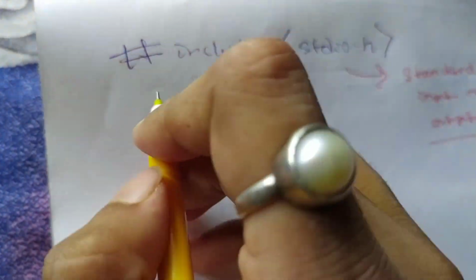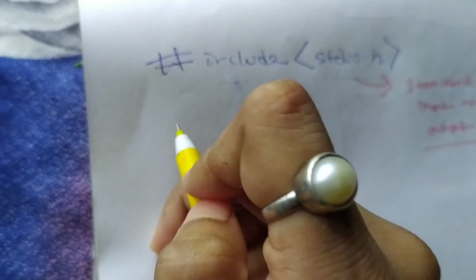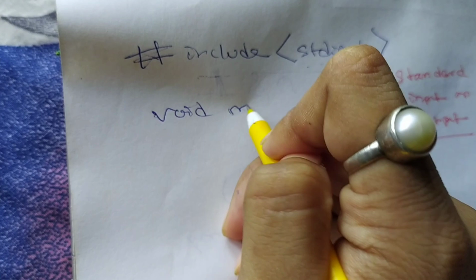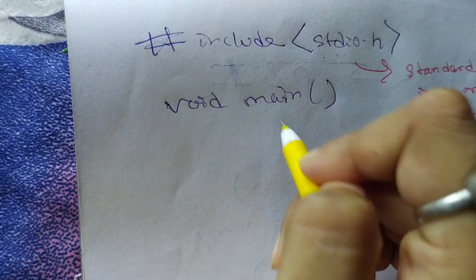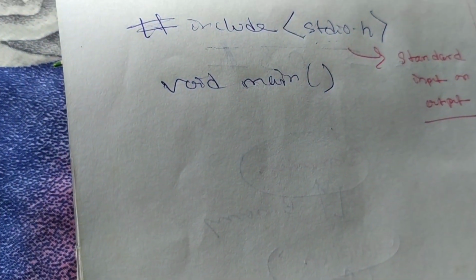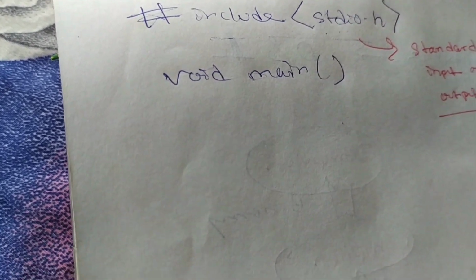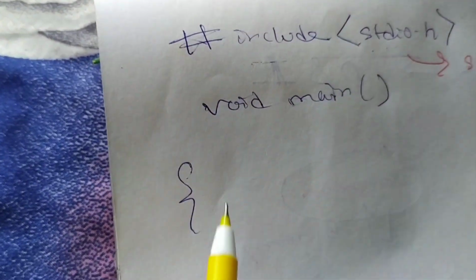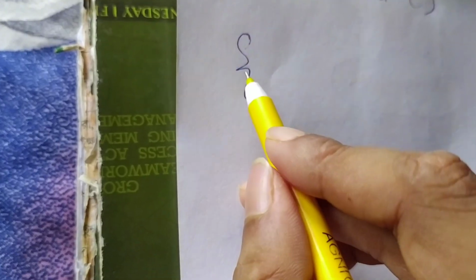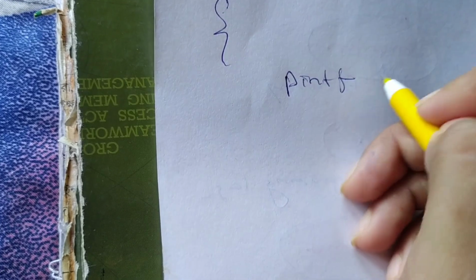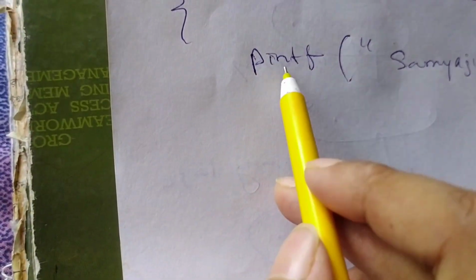Now there should be void main. There is a main function in which we will write the program. These are the syntax of a C programming language. Now this is the open parenthesis, and within it we will write printf. This is the print statement.